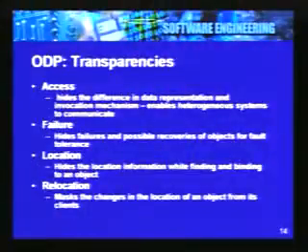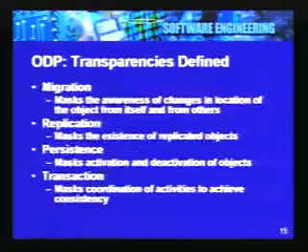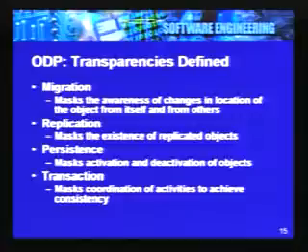Then you may have relocation transparency, which masks the changes in location of an object from its clients. So the location might be changed. If this relocation is also hidden, then you get relocation transparency. And then there are other transparencies such as migration transparency, replication transparency, persistence transparency, and transactional transparency. So these have to be looked at when you are architecting the system.